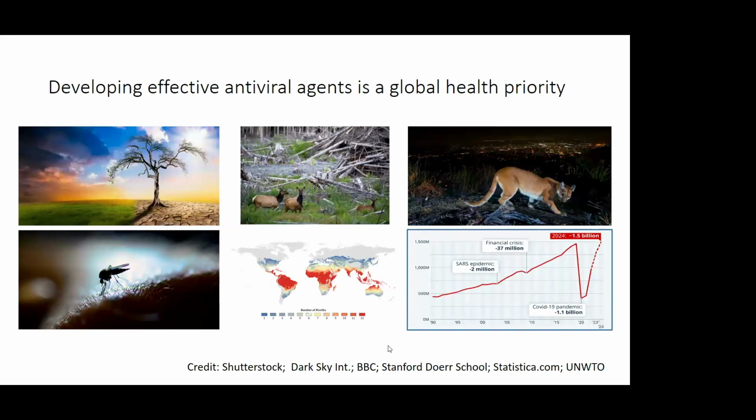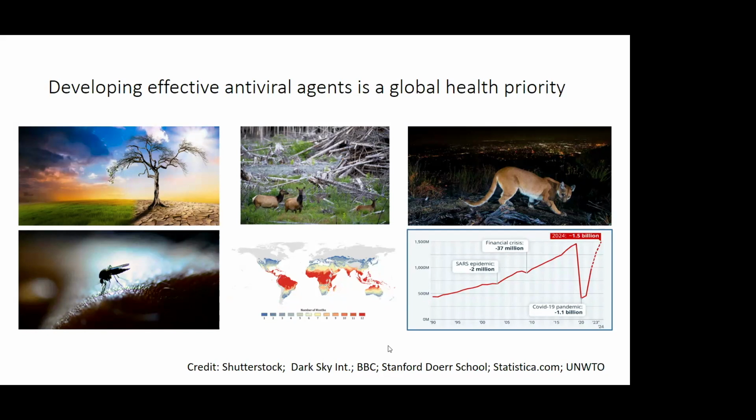As I said, it's not just the diseases that we deal with every day in hospital that need more effective or safe antivirals. In fact, developing effective and readily available antiviral agents is a global health priority. That is very well described, and maybe COVID-19 is the best example.